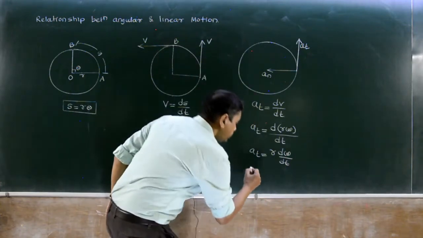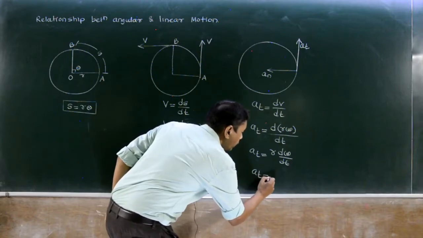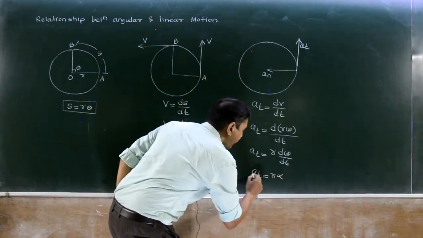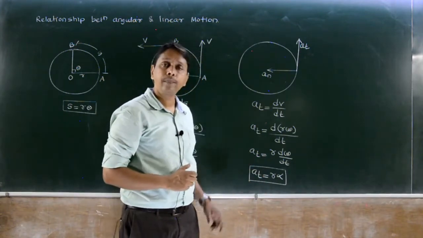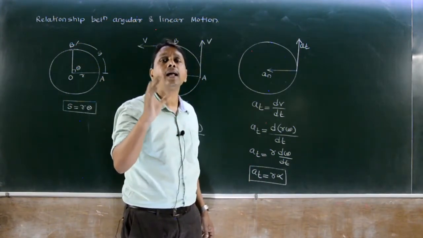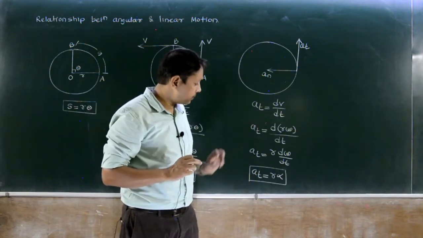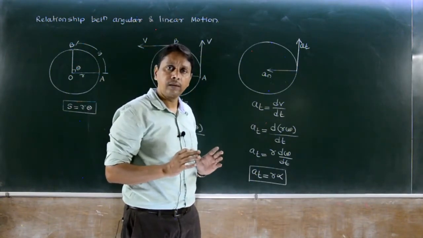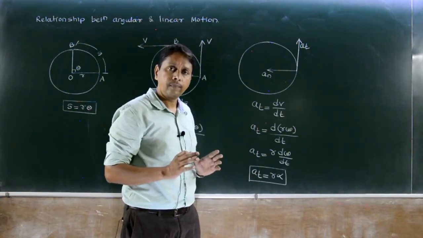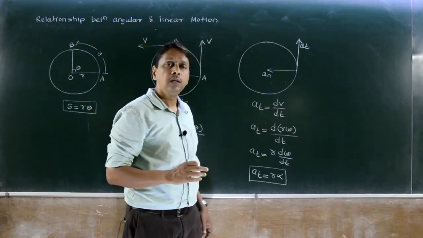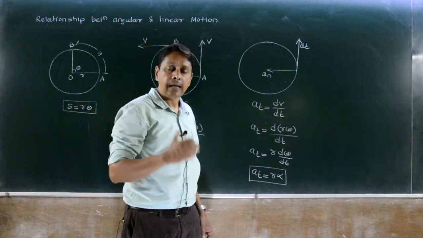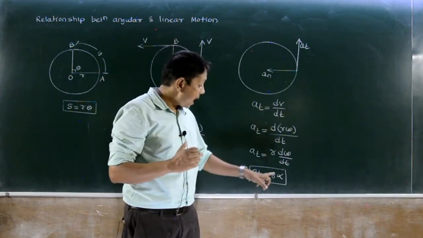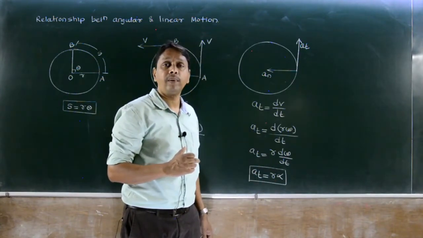We know that the rate of change of angular velocity is angular acceleration alpha, so we have a_t equals r alpha. This is the relation between tangential acceleration and angular acceleration alpha.